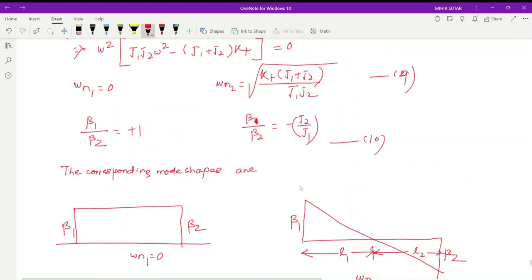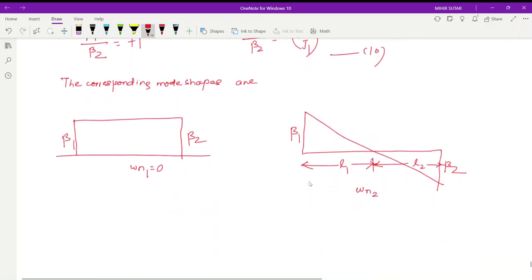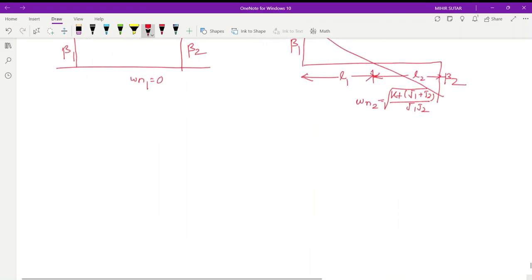Omega n2 value is root over Kt times J1 plus J2 divided by J1 J2. These are the 2 mode shapes. So in the subsequent class we will solve some problems.